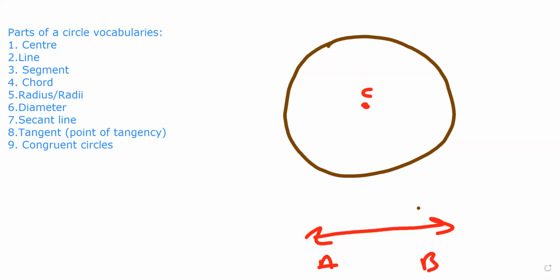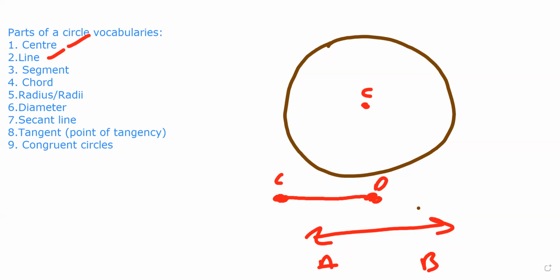So we finished the circle and the line. Let's go to the segment. A segment is a line connected with two endpoints right here. I could also call this CD. If you look at this carefully, we have two endpoints right here, and that's what we call a segment.